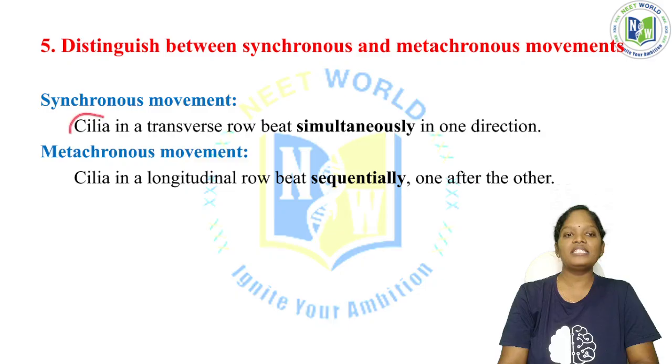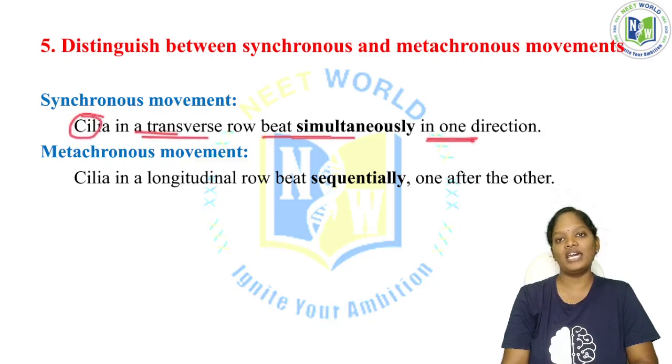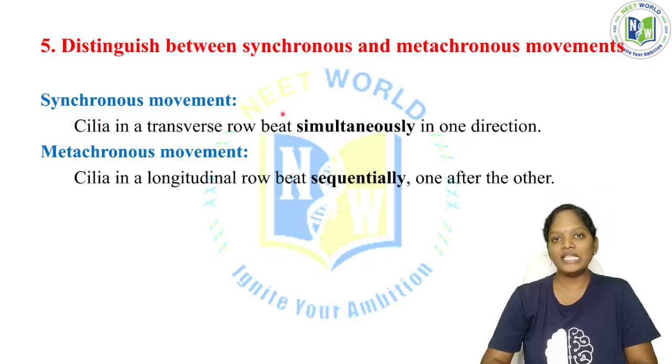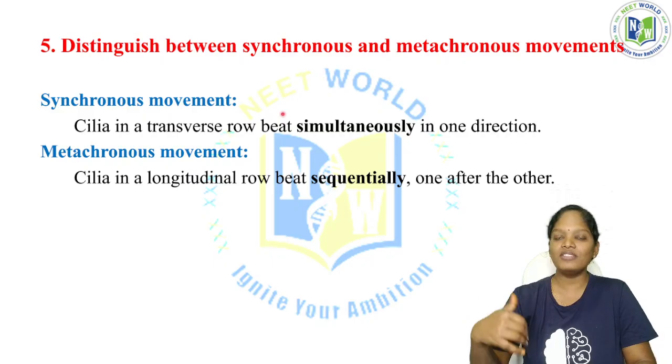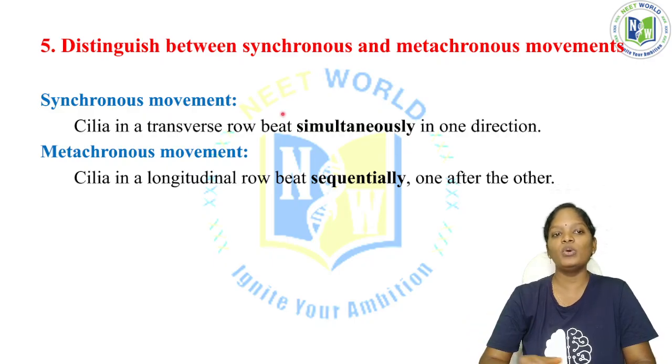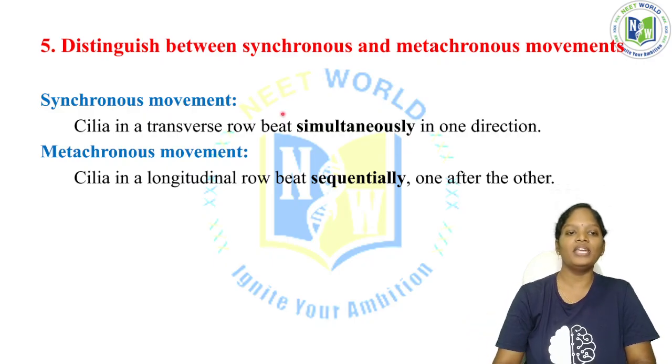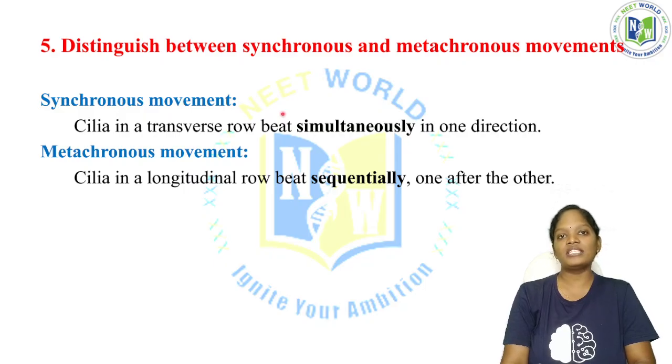Okay, see here, cilia in a transverse row beat simultaneously in one direction. If the cilia are present in the transverse row, they beat simultaneously, and that will be in only one direction. That is called synchronous movement, which means all the cilia beat simultaneously in the same direction. That leads the entire organism to move only in one direction.